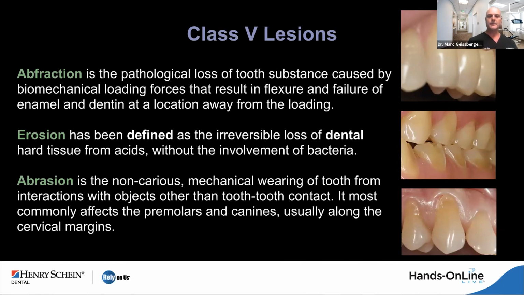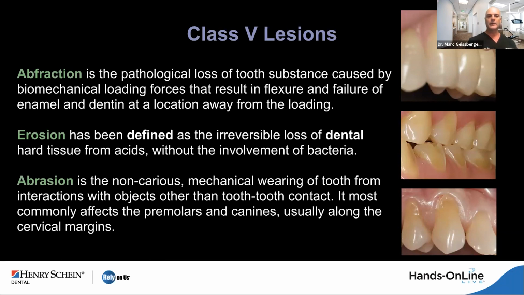And then finally, abrasion lesions are those non-carious mechanical wearing of tooth structure from interactions with other objects. Similar to toothbrush or toothpaste, one of these types of things can cause abrasion. But you have patients do abrasions with other things, odd habits they may or may not have.